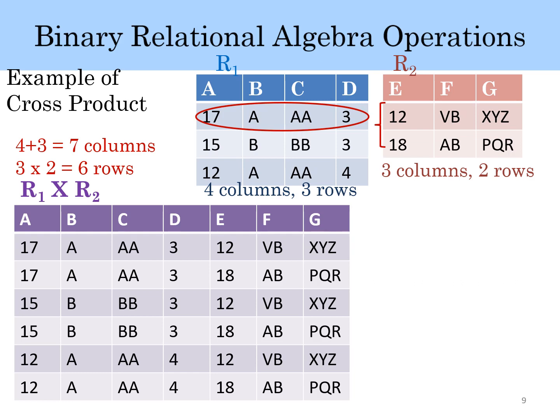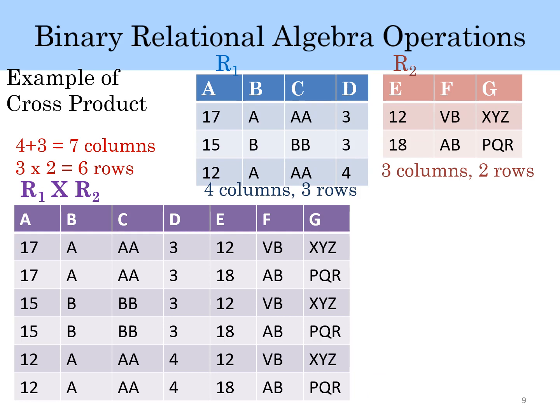We have 2 rows in R2, so we get the first 2 rows of the cross product. Similarly, the second row of R1 is clubbed again with the 2 rows of R2. We get the next 2 rows of the cross product, and the third row in R1 is clubbed with the rows in R2. We get the last 2 rows of the cross product. So this is how cross product is calculated.